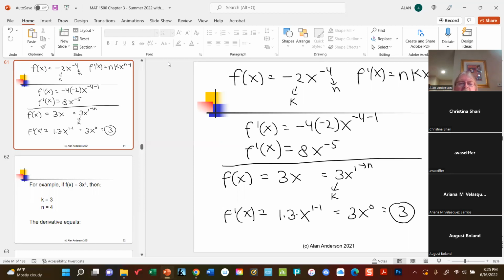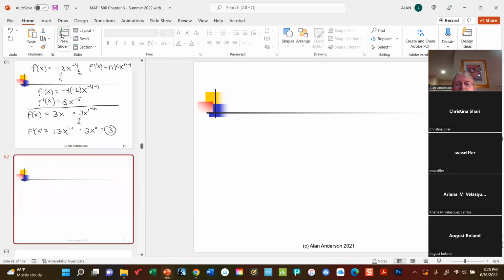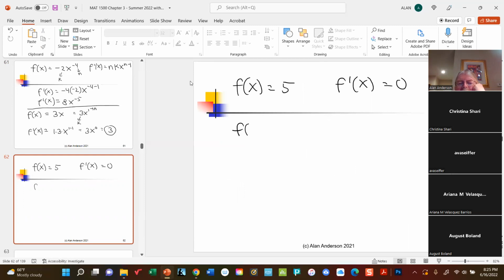Now, I'd like to show you another interesting case. What if I have this? Oh, wait a minute, it's a constant. And we already know that the derivative is simply 0. But what if we write it like this? Oh, yes, we can do that because x to the 0 power is just 1.